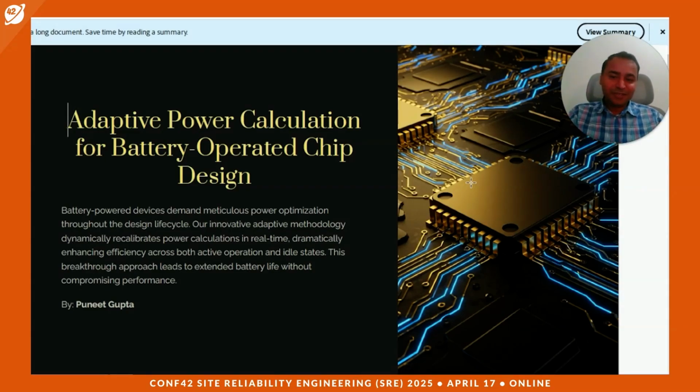How can we make sure that's happening? We can design the system, we can design the chip with the correct specification so that we can deploy a battery which can supply adequate current whenever it is needed.